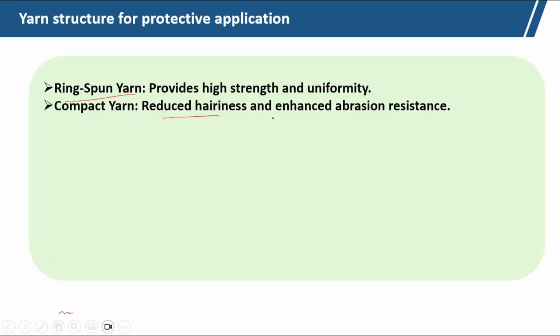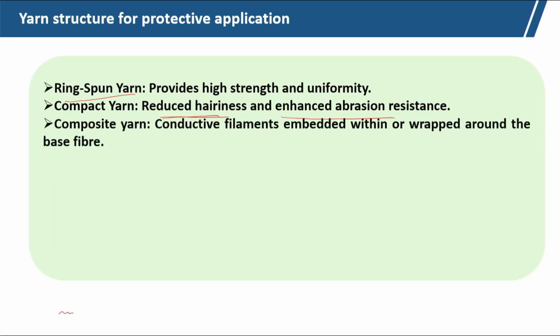So, one additional component is being retrofitted or modified. At the ring frame, the drafting zone is normally modified to produce compact spinning with reduced hairiness, and as the hairiness is reduced, it gives much better characteristics, and enhanced abrasion resistance.